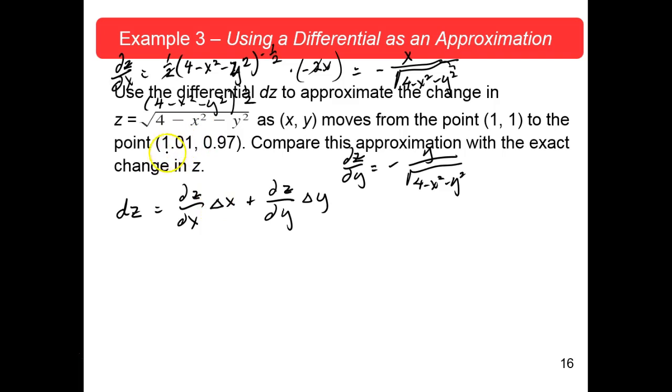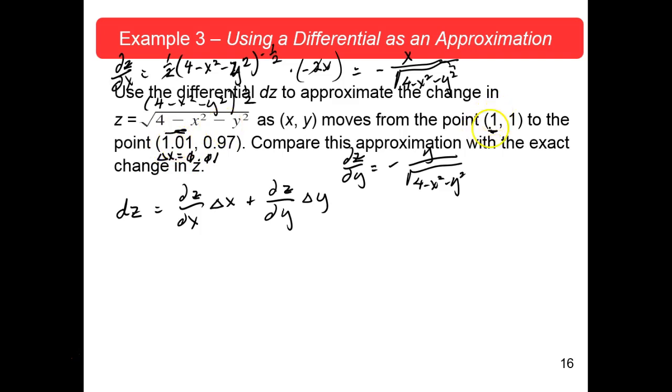What is your delta x? How does that change from here? No, okay, wait. The delta x here, the change of x from here to there, that's going to be 0.01.